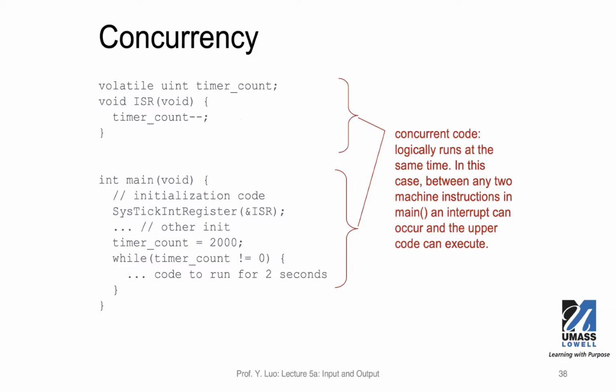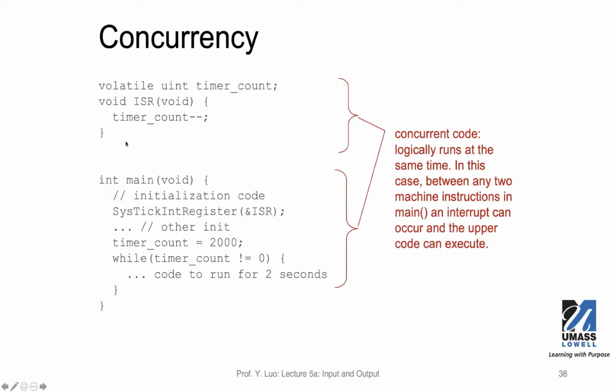So here we're going to talk about the important concept of concurrency. Concurrency refers to the fact that logically you have two parts of the code going on at the same time. One part is the main function. This function is going to be executed, especially when you get to this while loop, which will go on for some time.